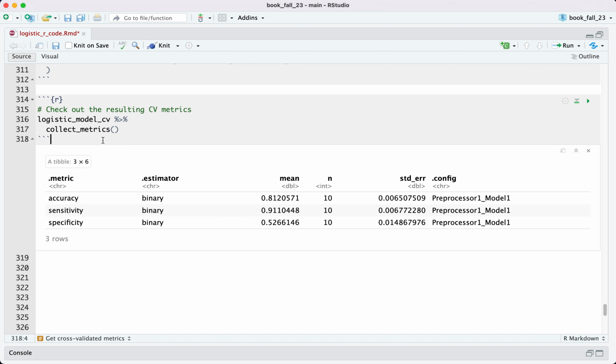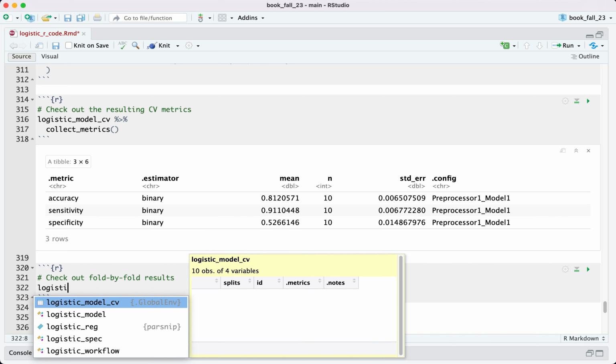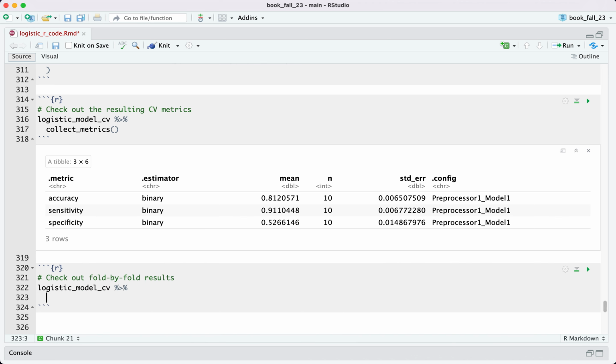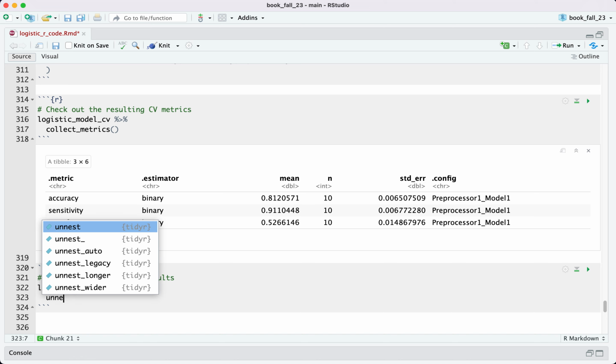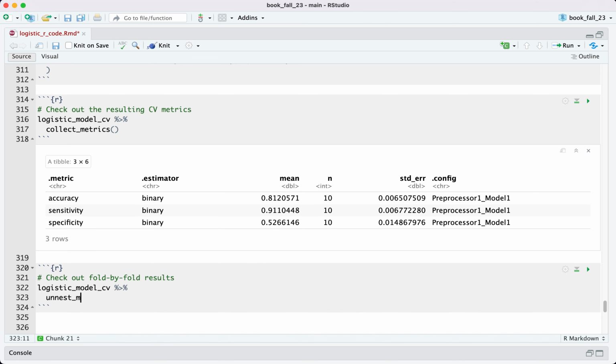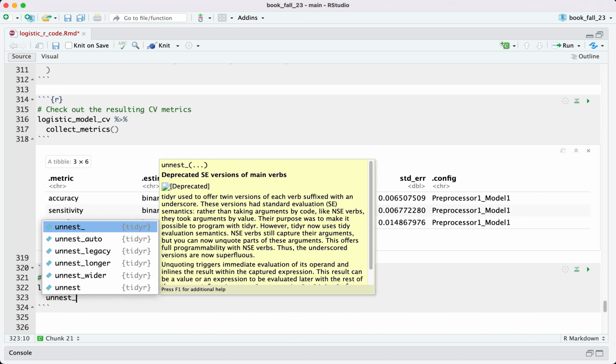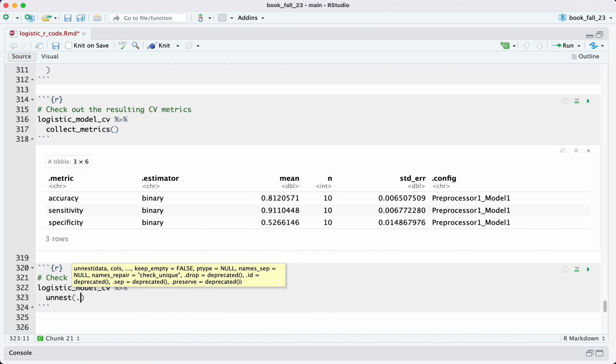If we want to check out where these metrics came from and to remind ourselves what's happening with cross-validation, we can check out the fold by fold results by taking our logistic model CV results. And I hope this works. I think it's called unnest metrics. Maybe I'm wrong. Unnest dot metrics.